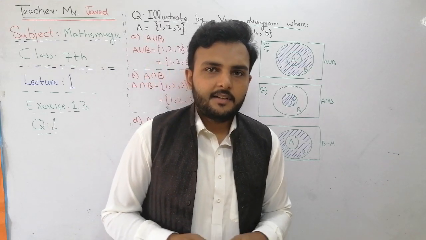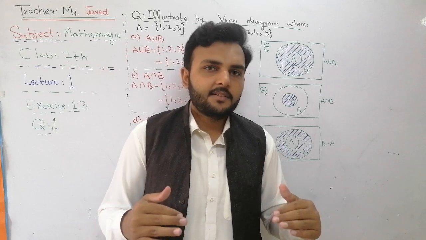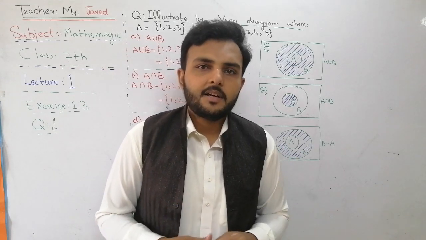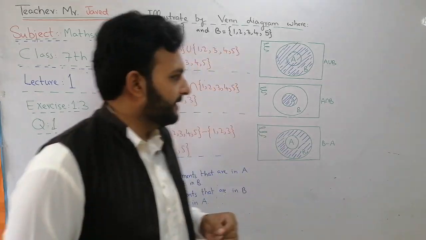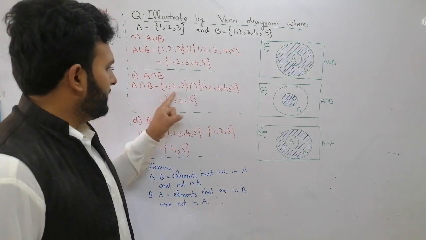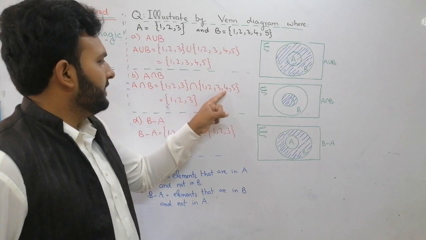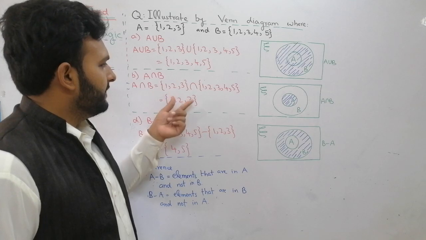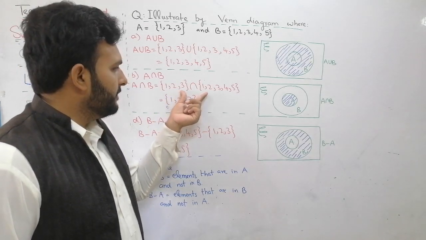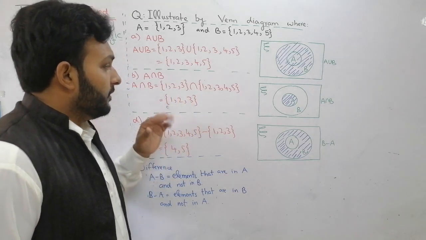Clear? If an element is present in both the sets, we will write it one time in our new set like this. A is 1, 2, 3, B is 1, 2, 3, 4. So the answer will be the common elements of these two sets: 1, 2, 3. Okay, students.